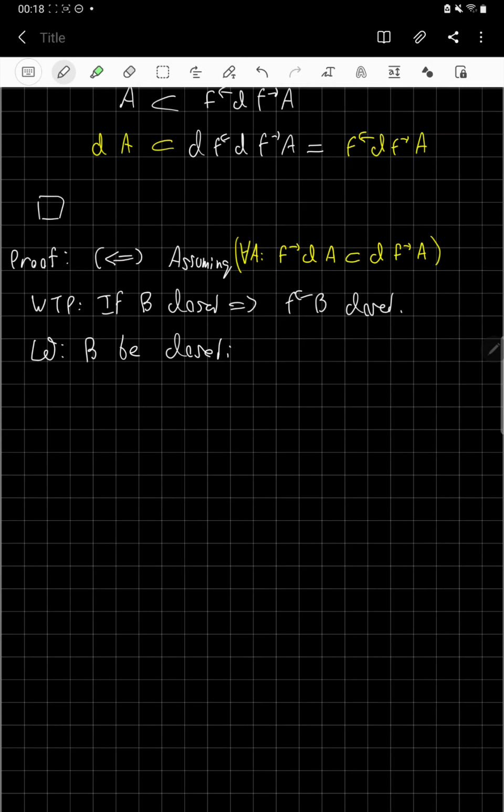Then we want to analyze whether f inverse of B is closed. And that's the same as the closure of f inverse of B being equal to itself, right? It's the same thing, because the closure of a closed set is the set itself, and that ends up implying that a set is closed exactly when the closure is equal to itself. And this is a condition to be closed.